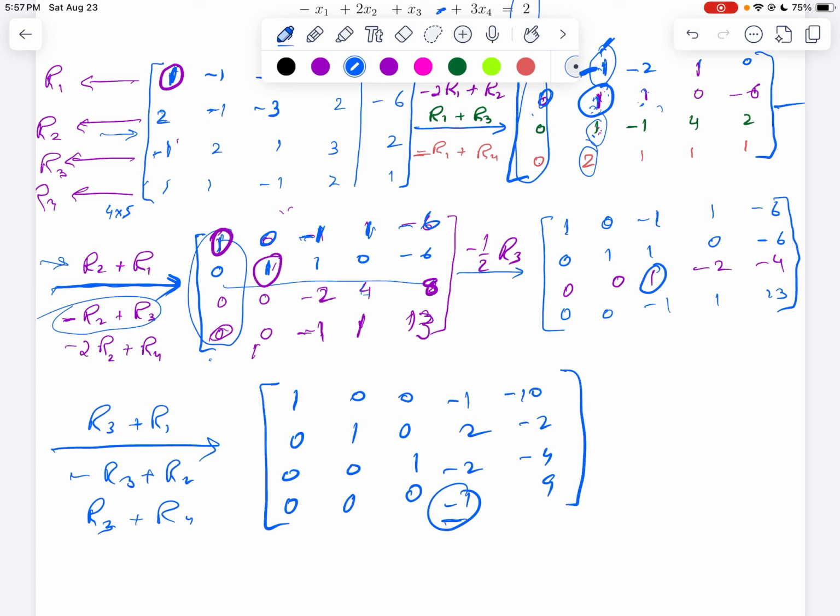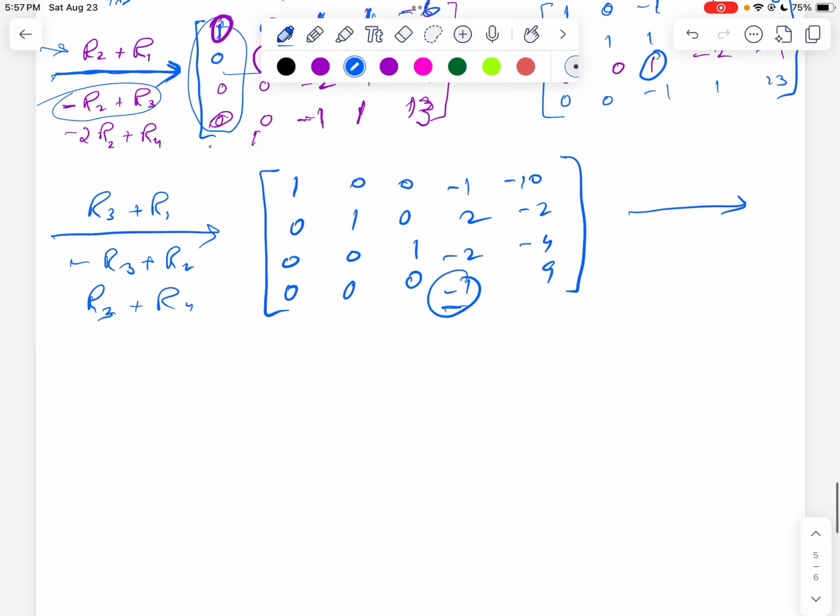So we end up getting the matrix in the form, so just everything as it is. So I'm doing negative R4. So for that, I still have to write the whole matrix again.